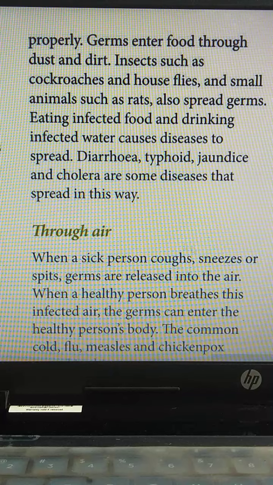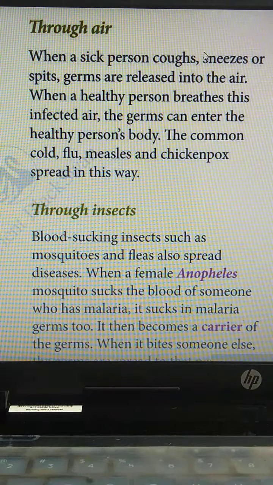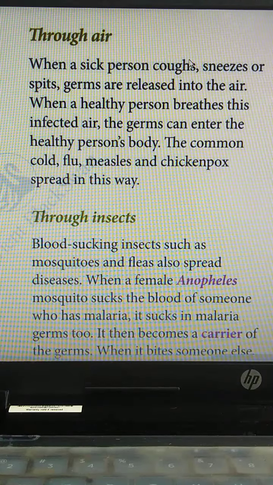Then cholera, all these things used to happen. Then food, and also through air, how we get that disease.